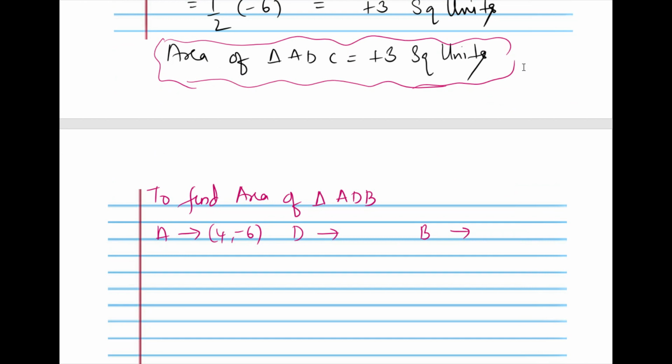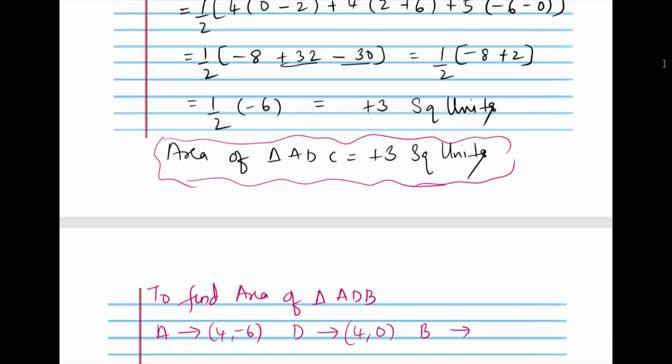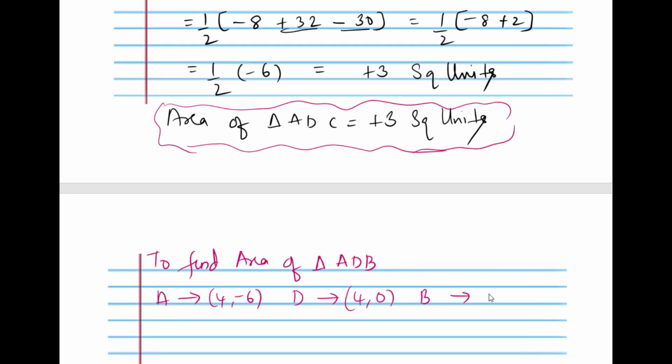Point D is 4 comma 0. And point B is 3 comma minus 2.